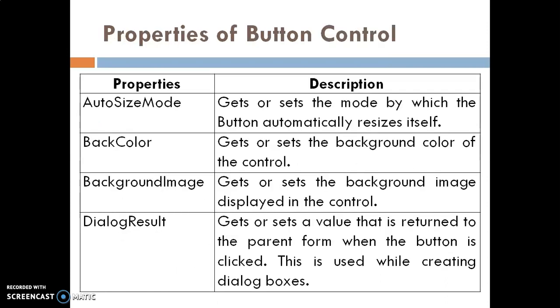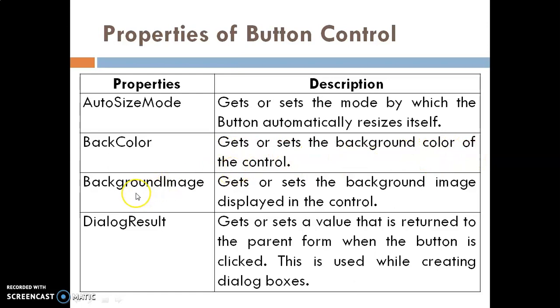Now these are the common properties of button controls. First property is auto size mode. It is used to get or set the mode by which the button control automatically resizes itself. The second property is back color. It is used to get or set the background color of the control.